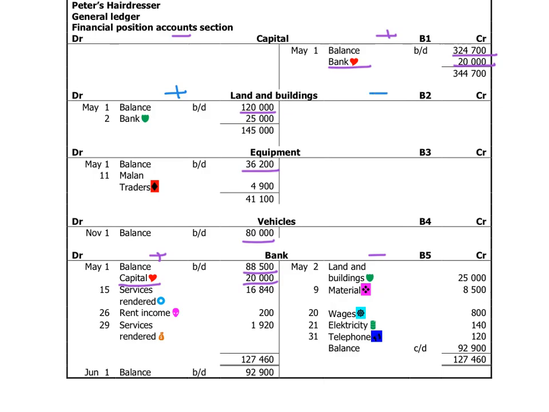Assets increase on the debit side, decrease on the credit side. So the land will increase with the 25,000 to indicate that the value of land after the extensions is now 145,000. And we will show that this double entry was completed in the bank account. We've taken money out of the bank, so the asset decreases on the credit side.